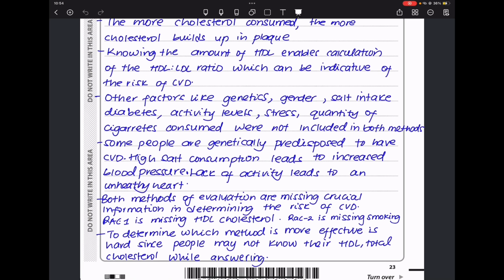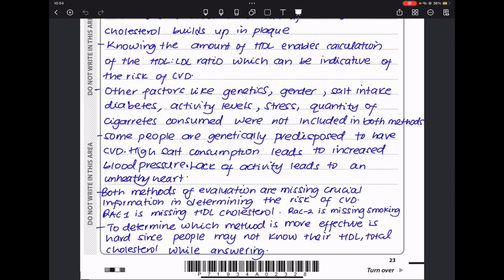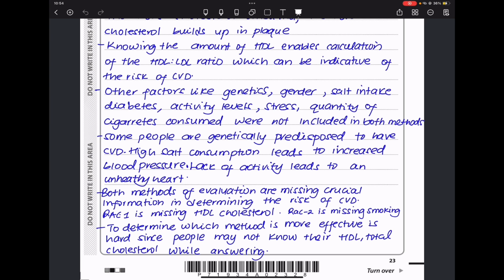Those who consume high amounts of salt, this leads to high blood pressure, and lack of activity leads to an unhealthy heart. From the study, both methods of evaluation are missing crucial information in determining the risk of CVD. Method 1 is missing HDL cholesterol, and method 2 is missing smoking. To determine which method is more effective is hard since people may not know their HDL or total cholesterol while answering.